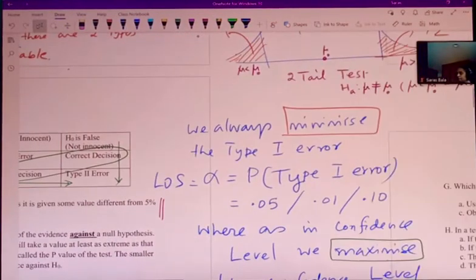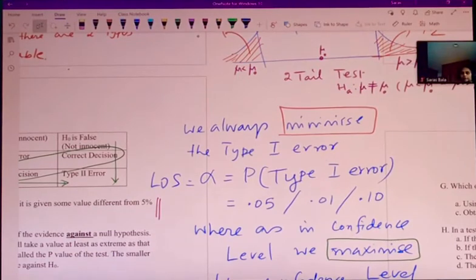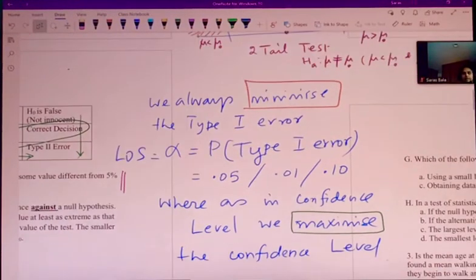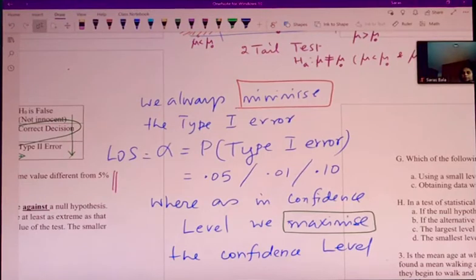Again, there is a connection between your alpha and your confidence level. Those two numbers are complementing each other, all right? So if I'm talking about the 90 percent confidence limits for mu, obviously the 10 percent is going to be my level of significance, which is the alpha. If I'm making my 95 percent confidence limits for mu, the remaining 5 percent is going to be used for my alpha, and that's called my level of significance.